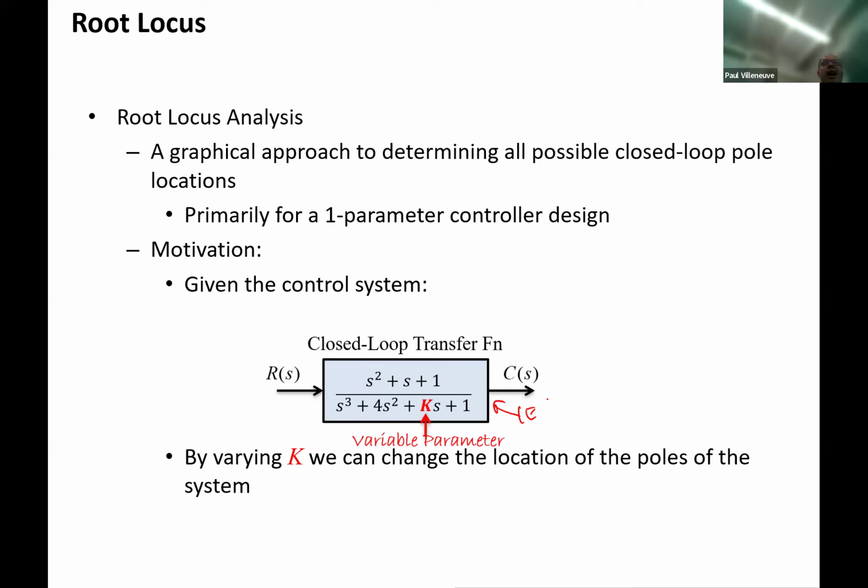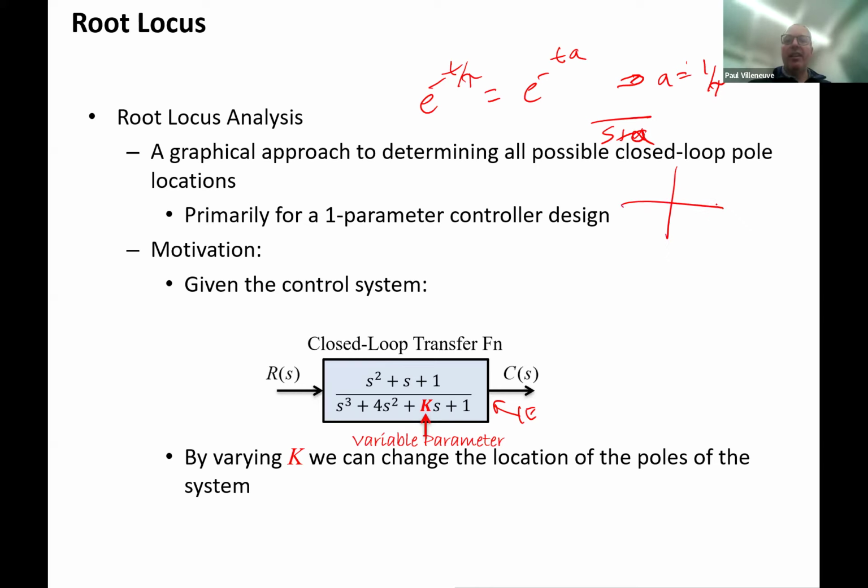So if we want to have a fast system or fast decaying system, we want to be as far away from the real axis as possible. Remember that whole concept where we talked about time constants, where we had e to the minus t over tau. So that becomes e to the minus t times a. So that means that a is equal to 1 over tau. And if you recall, we have s plus a is our pole.